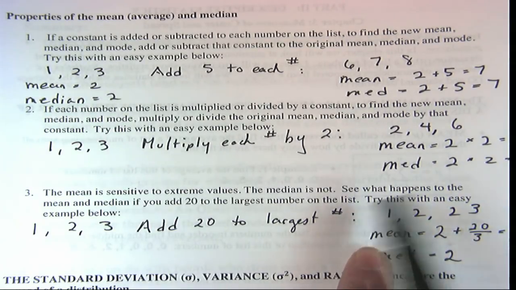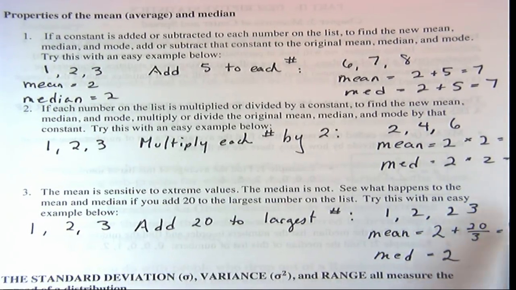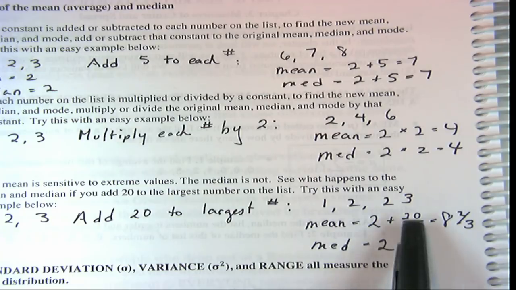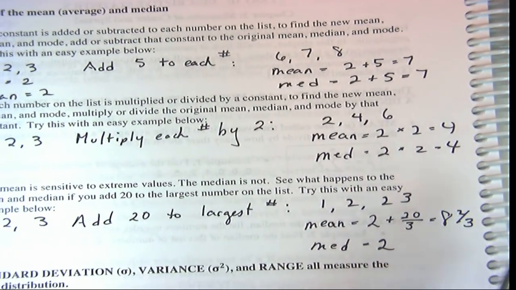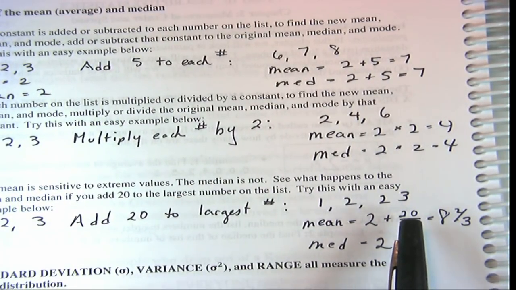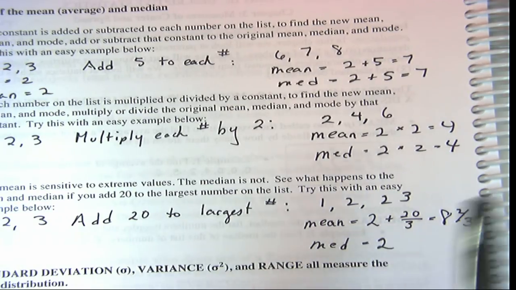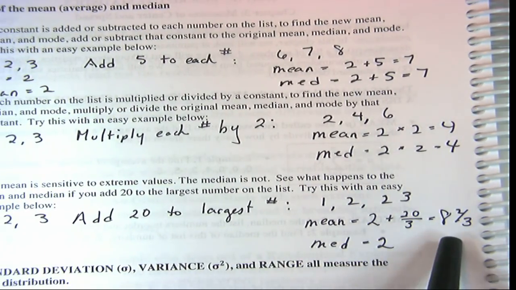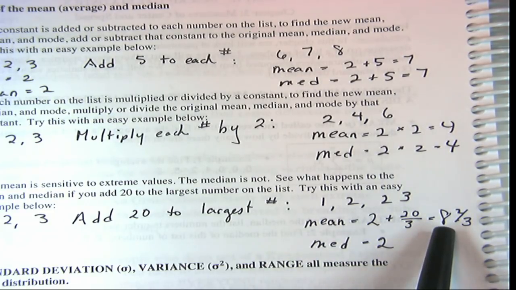If you add 20 and there are 3 numbers, it's the same as adding 20 and dividing by 3. If there were 10 numbers, and you added 20, you'd be adding basically 20 divided by 10, so 2, to each number. That affects the mean.